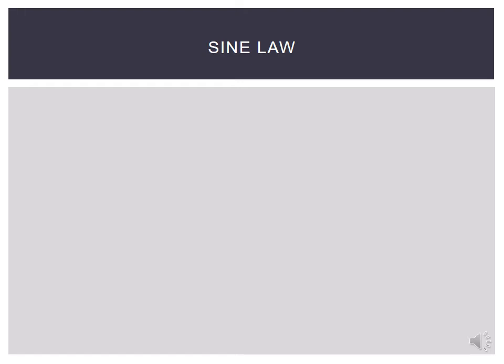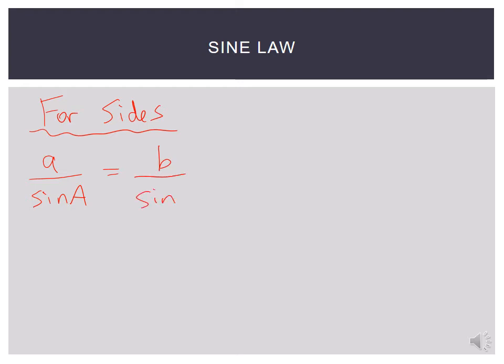So let's start with sides. And for sides, a over sine A equals b over sine B. So you can see with your formula, it is important for you to know the difference between small letters representing sides and capital letters representing angles.